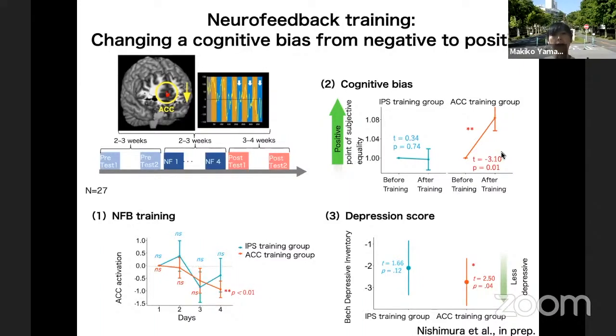Here, it indicates the change of cognitive bias using the same face perception test of ambiguous emotion.